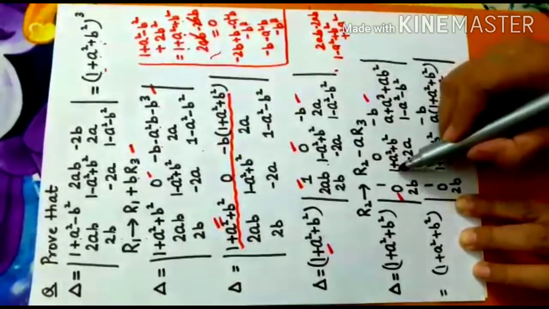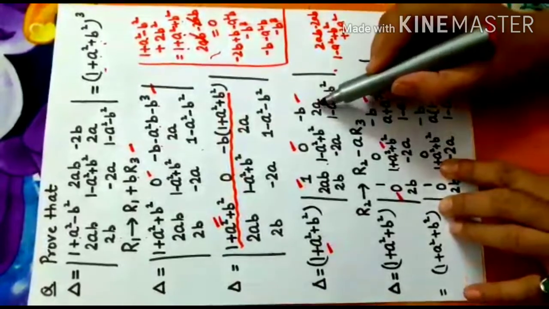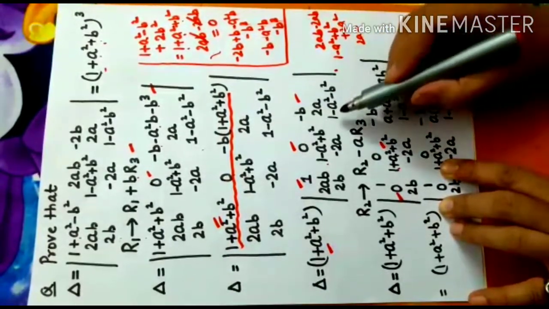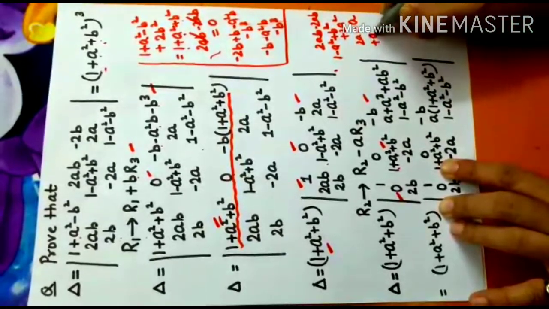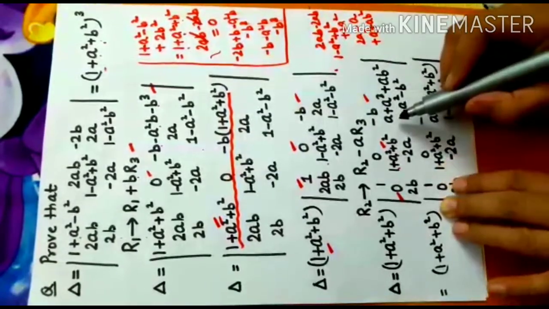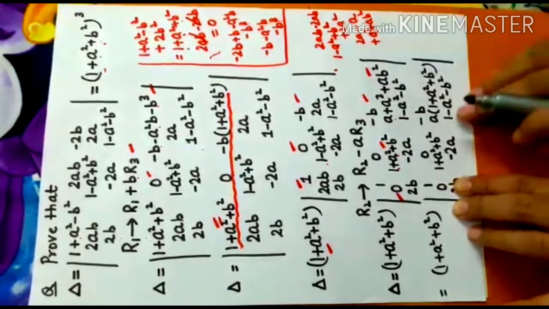So that will give you 1 plus a square plus b square. Then 2a minus a times of this, that is minus a plus a cubed plus ab square. That will give you a plus a cubed plus ab square.